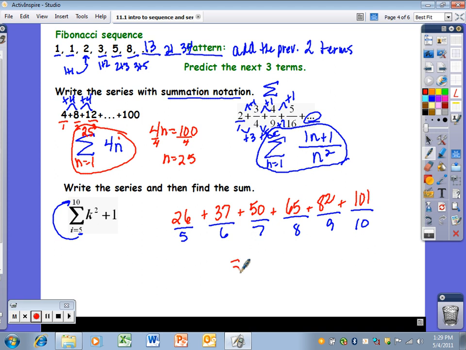Now, just add all those up. 26 plus 37 plus 50 plus 65 plus 82 plus 101 gives me 361 for a total sum. See how to expand the series and then sum it.